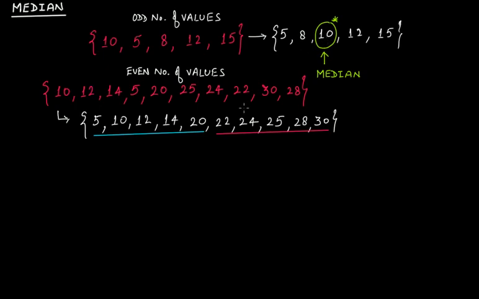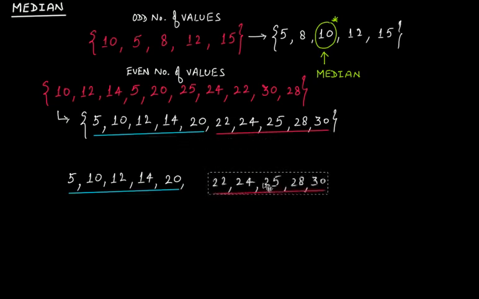But in this case, where's the middle value? These values are 5 in number and these values are 5 in number. What to do? Okay, what you'll do is first take these values, right? Let me show you how to do this. Control C, Control V.